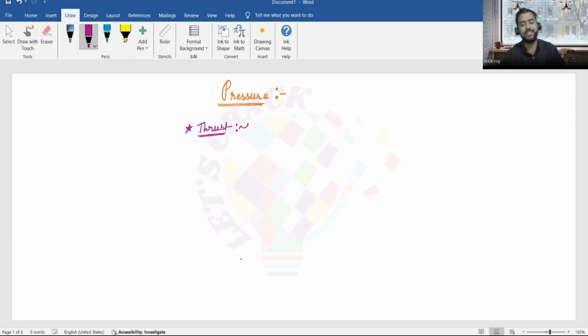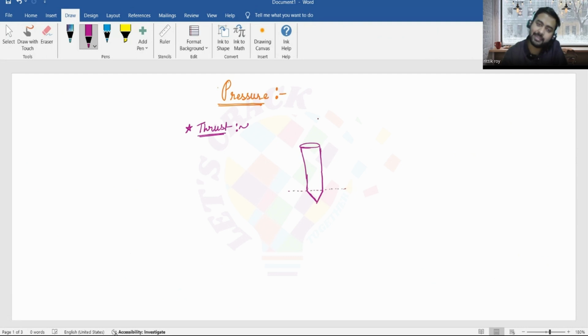So what is thrust? Suppose this is the wicket, and suppose I am putting the pointed end underneath the ground.